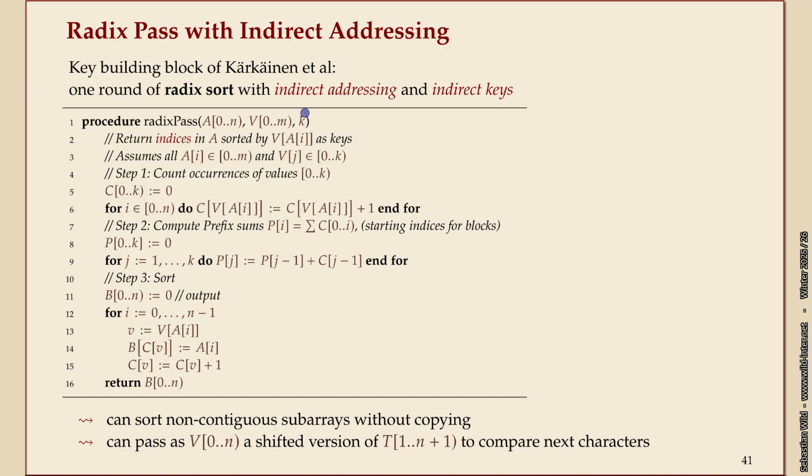K is what was sigma before. That's the range for the values. And we return again an array of the same indices in A. So you're sorting the indices in A with respect to the values V. Maybe it sounds more complicated than it is. So the first step is counting sort. You count how often each value occurs.